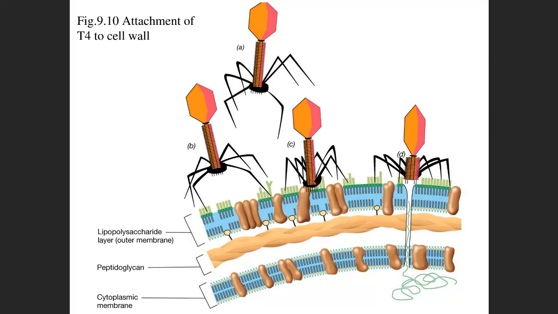Now, the binding is so specific that the bacteria virus that attacks E. coli will only attack E. coli, because they have a specific surface protein for the virus to attach to. So that has applications.